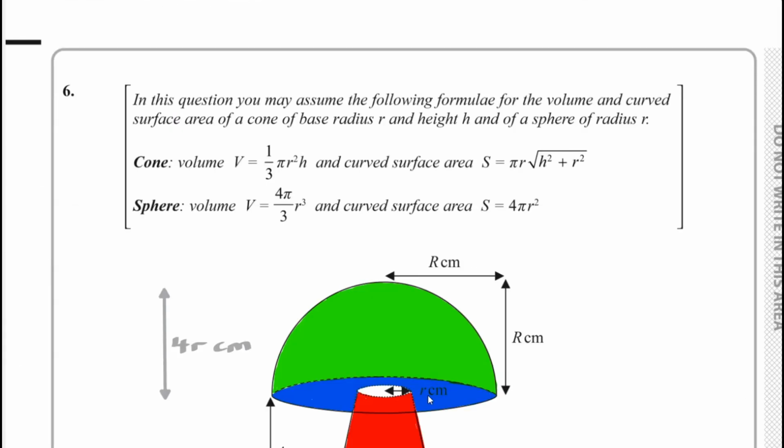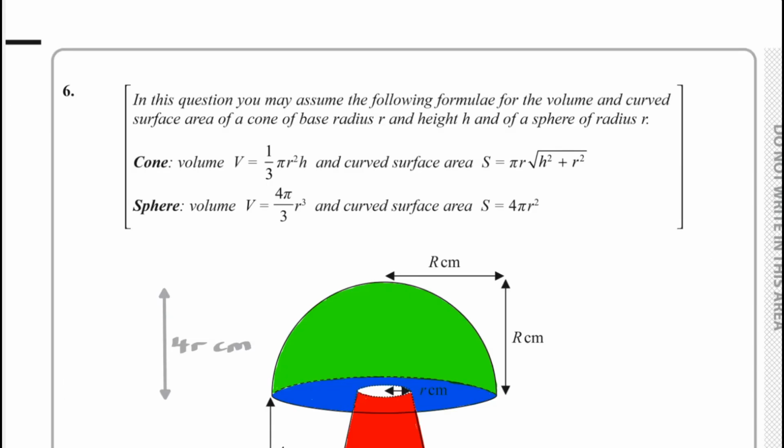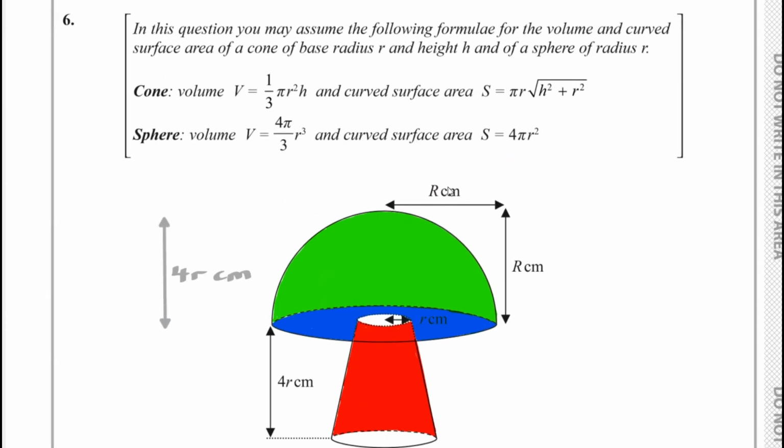And then we've got the bit in blue, that's equal to pi multiplied by big R squared subtract little r squared. And then we add on to this the bit in red. And for the bit in red, we have to consider this curved surface area being pi r multiplied by the square root of h squared plus r squared.